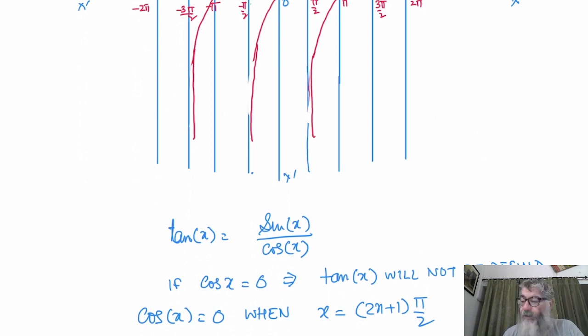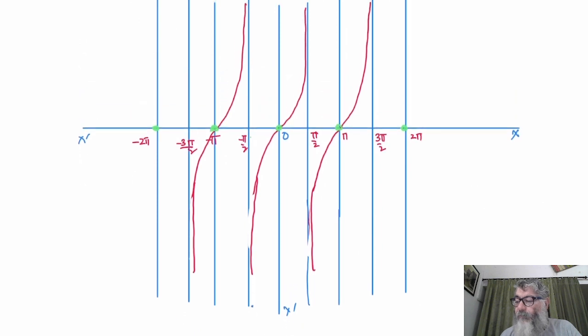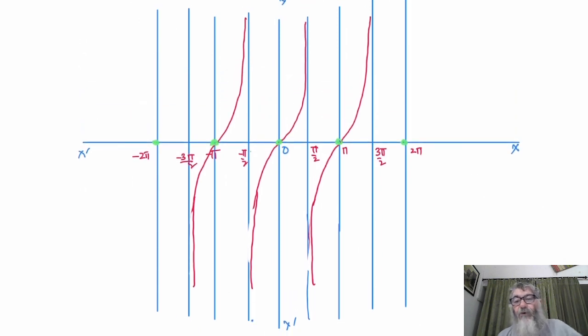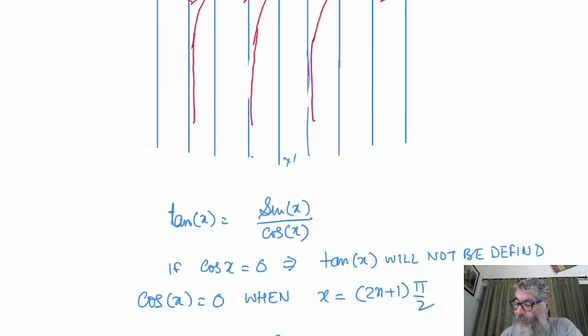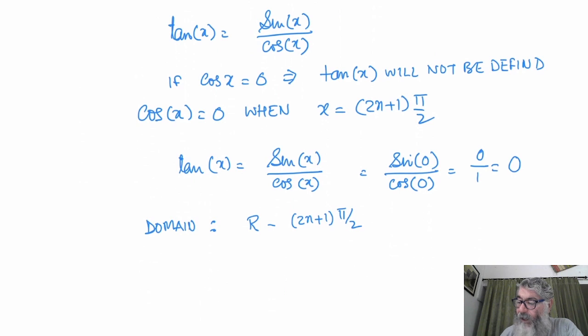That means odd multiples of pi by 2. So at the odd multiples of pi by 2, it is approaching that line, but it is not touching that line. That means it is not defined at that point. Now let us see. So domain is R minus (2n plus 1) pi by 2.